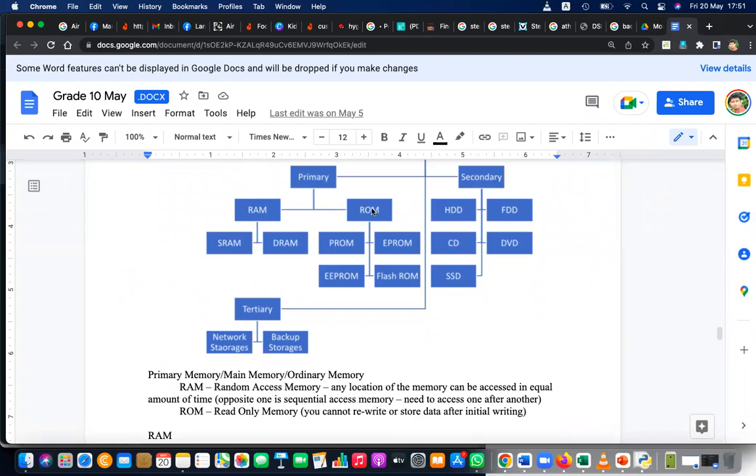You can't write to the read-only memory. Why is ROM used? Why do you need read-only memory? What's the reason? Yes.